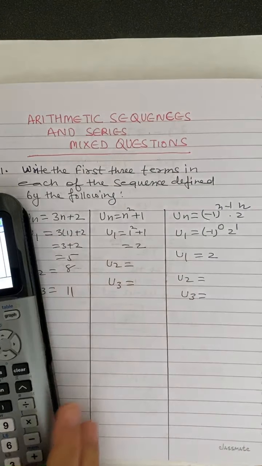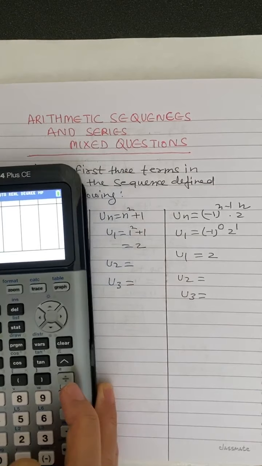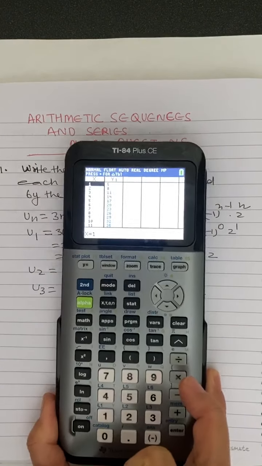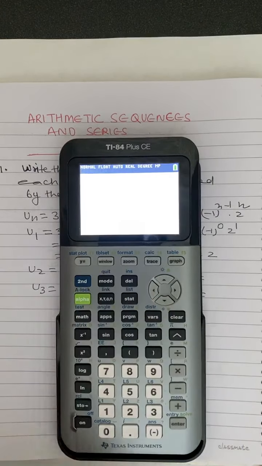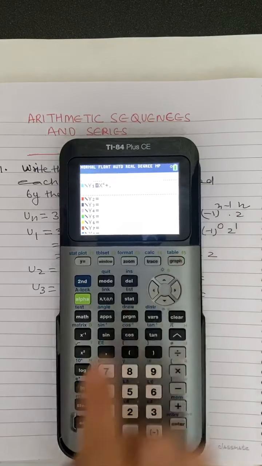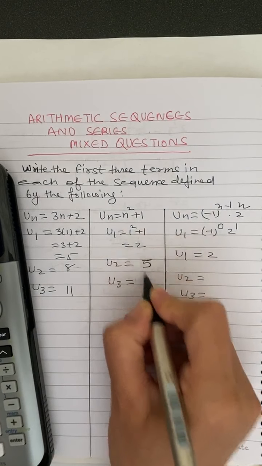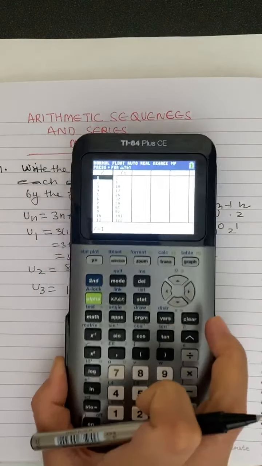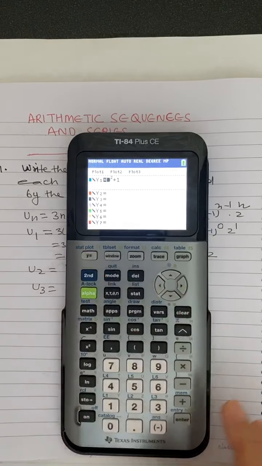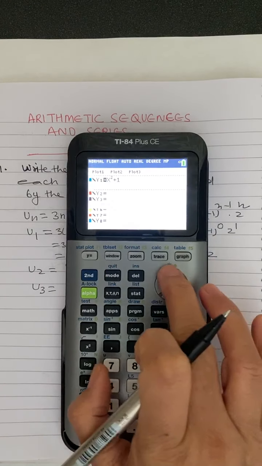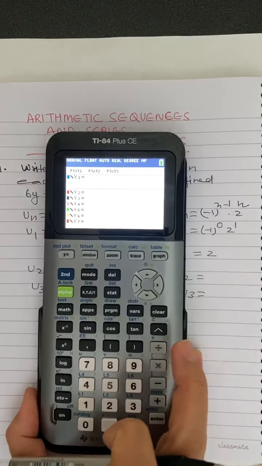Similarly, for the second one, you have n squared plus 1. So I'm going to exit and substitute here x squared plus 1. And then again from the table, you can see it's 2, 5 and 10. We already got 2 here. So this is 5, this is 10. And now for the third one, you again change the function. Here you have negative 1 to the power of x minus 1, and for negative 1 you need to use the bracket.